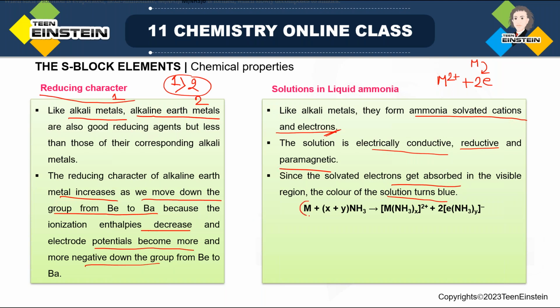Here we have this metal, it may be any group 2 metal, and there is x plus y, which is the total number of ammonia molecules. Now out of this x plus y, suppose x number of ammonia molecules are surrounding the metal, and the overall charge is 2 plus.